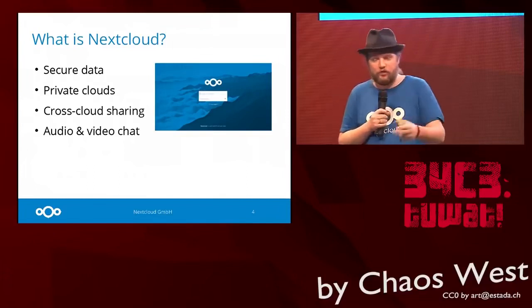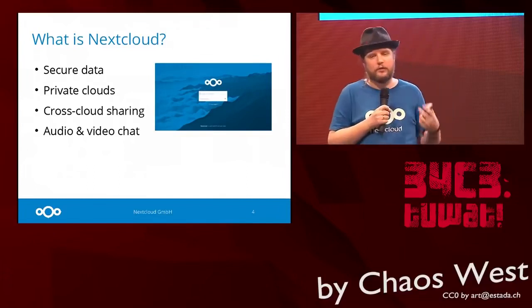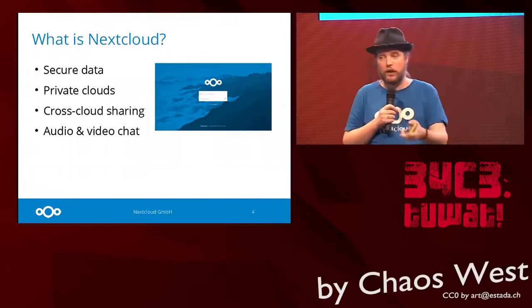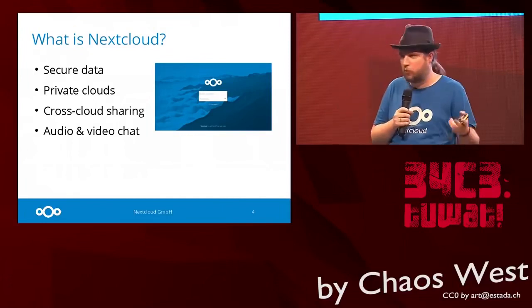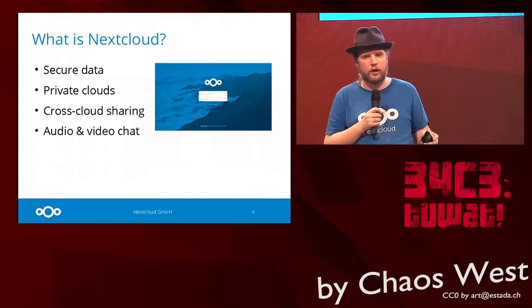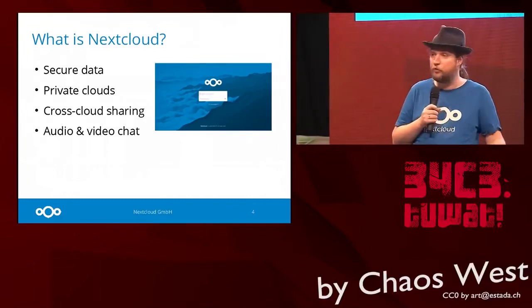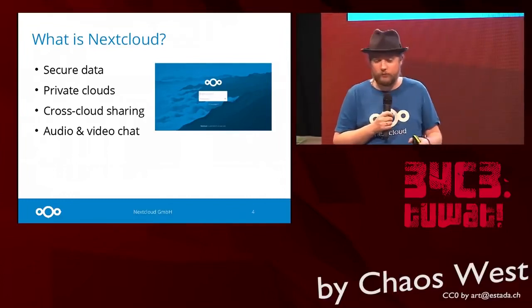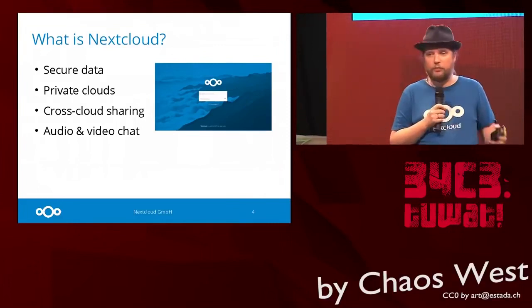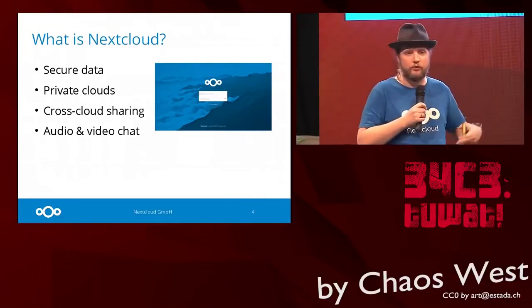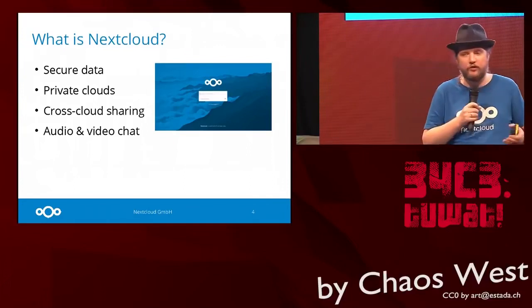So initially the project was started in 2010, as Owncloud, and 1.5 years ago we split off from Owncloud and continued under the name Nextcloud. So it's fully open source, easy to use. That's I think really important. If you want to replace Google Drive and Dropbox and all these things, you need to be easy to use.